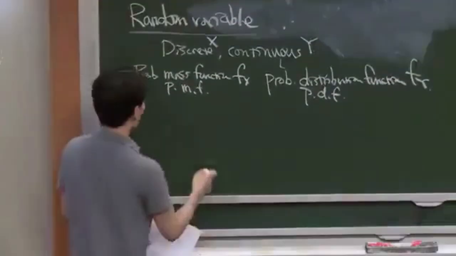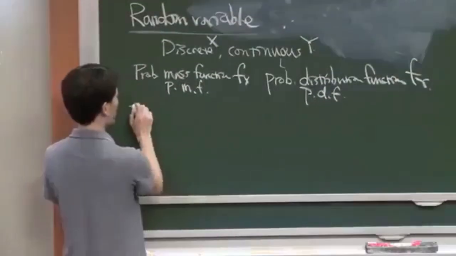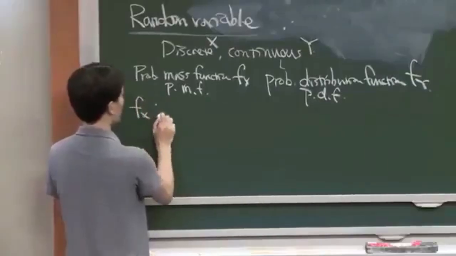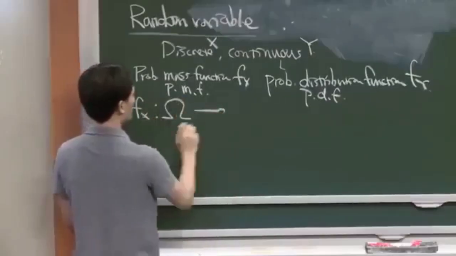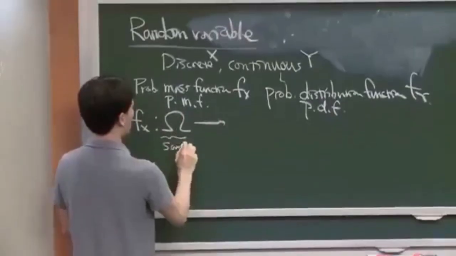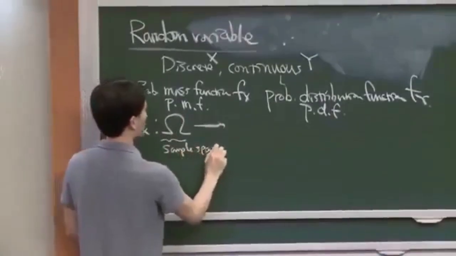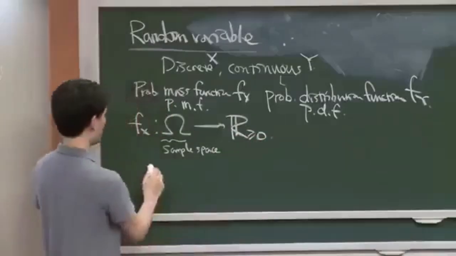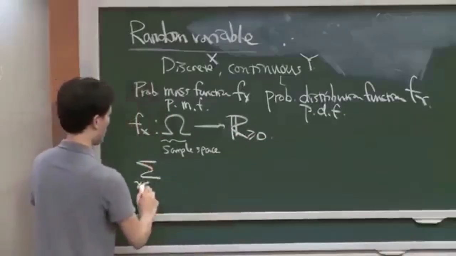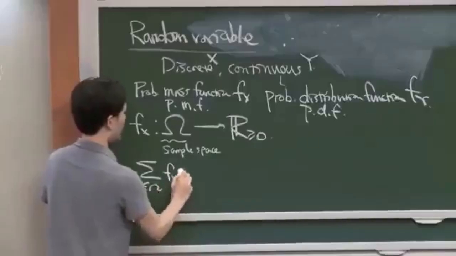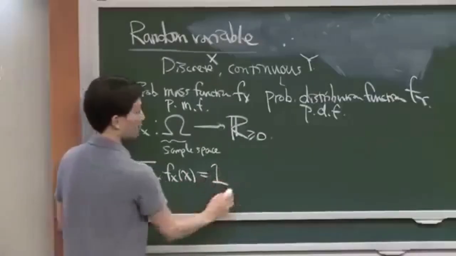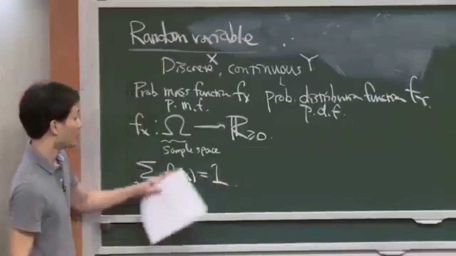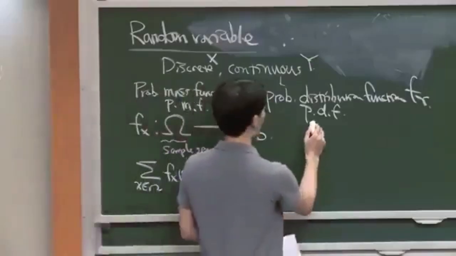Okay? So what is this? A probability mass function is a function from the sample space to non-negative reals, such that the sum over all points in the domain equals 1. The probability density function is very similar.